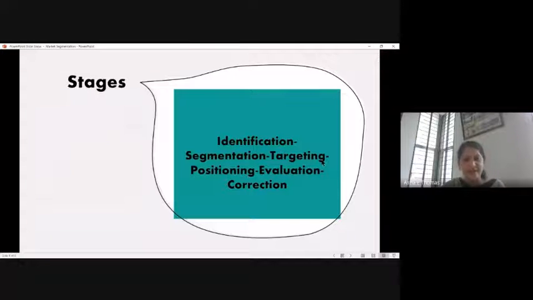Now, the stages of segmentation broadly can be categorized into the first one as identification stage, second one is segmentation, targeting, positioning, evaluation, and correction. So these are the basic stages in the market segmentation process.